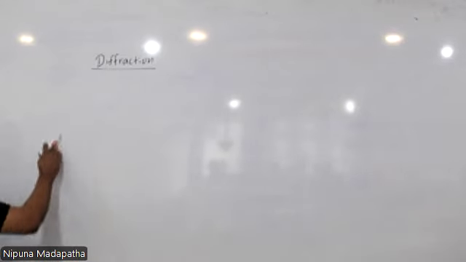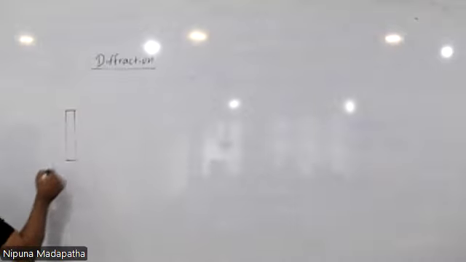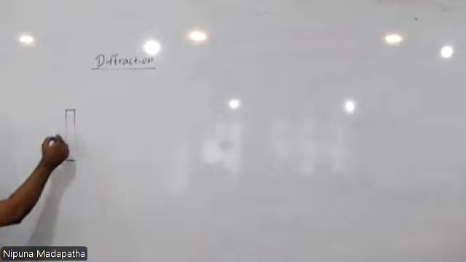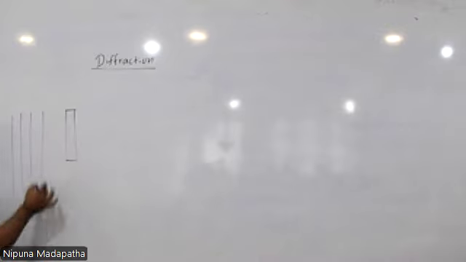Diffraction is a phenomenon when a wave hits an obstacle or barrier, right? It bends. Suppose this is an obstacle, and here the wave comes.